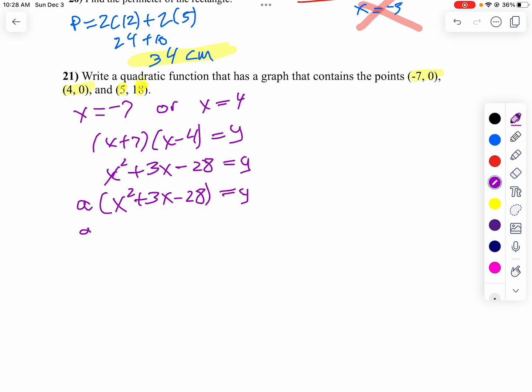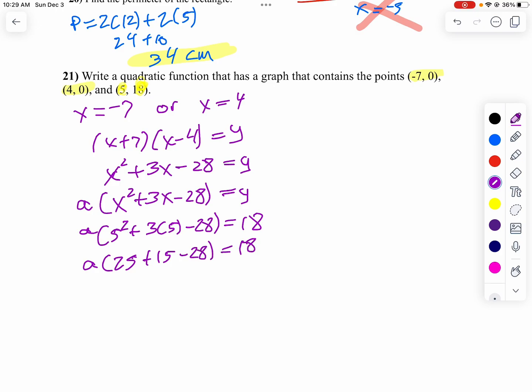So we're going to say a times 5 squared plus 3 times 5 minus 28 equals y, which is 18. I'm going to solve for a now. So a times, let's simplify, 25 plus 15 minus 28 equals 18.